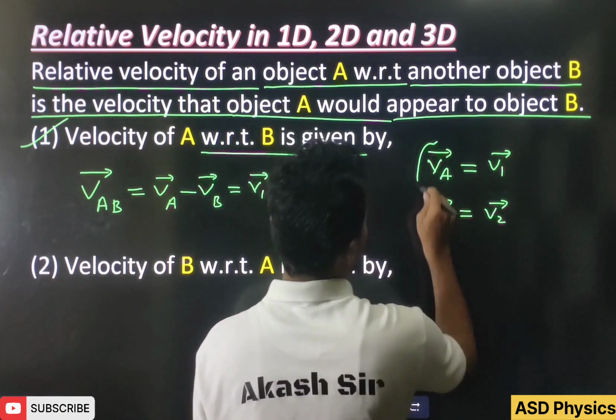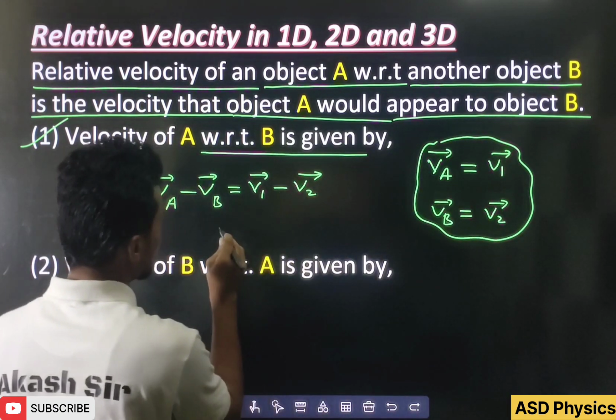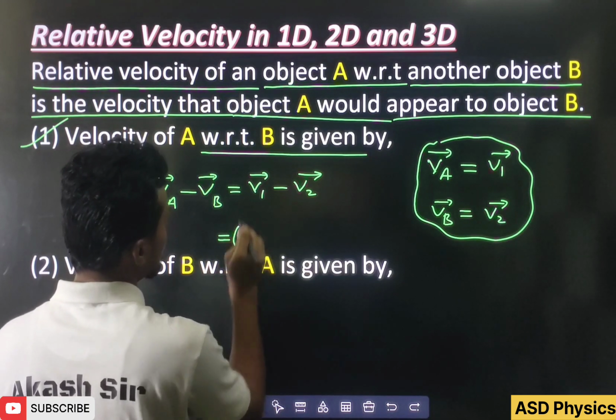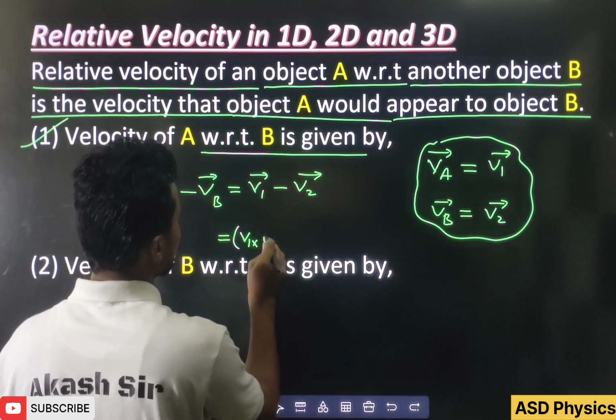After that, if you want to write it in a rectangular coordinate system also, vector V1 we can write as V1x i cap.